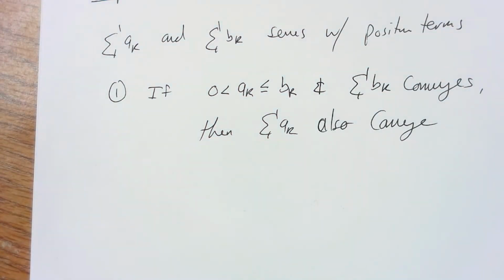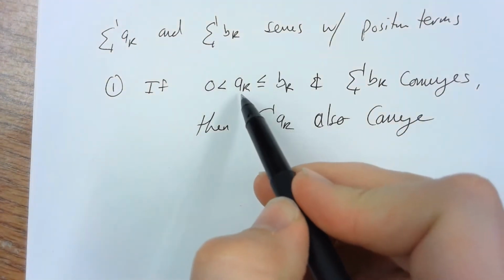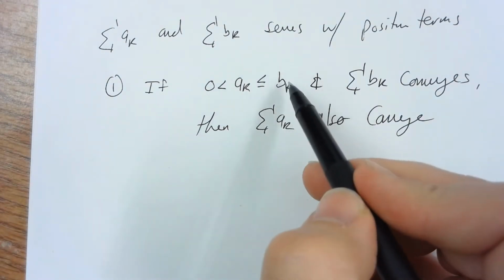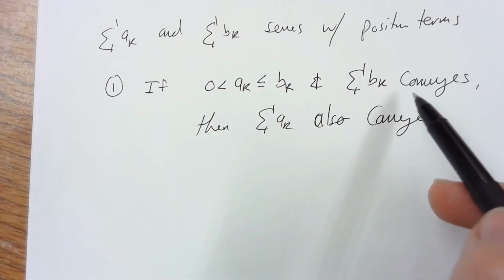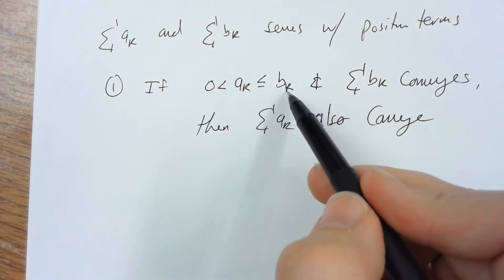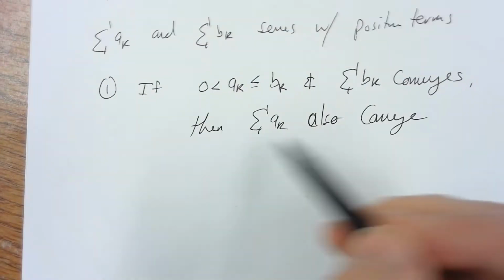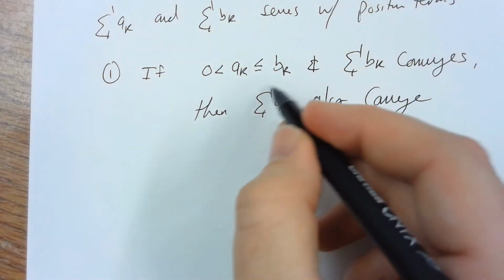So the idea here for this particular detail is the fact that if I'm given some concept of a sub k, then I have to bring b sub k to the table, and I have to be able to conclude that the summation of b sub k converges, and I have to show that b sub k is always going to be larger, term by term, than a sub k. So then I have to be able to conclude that, well, obviously the sum of all those terms should also converge.